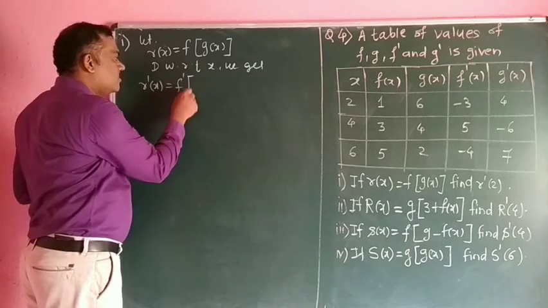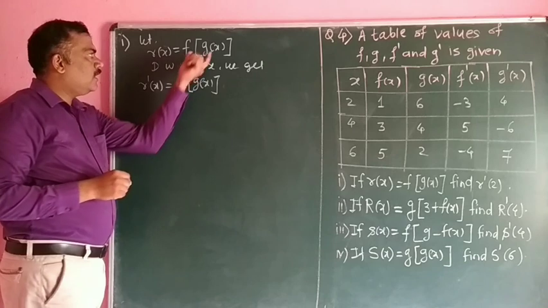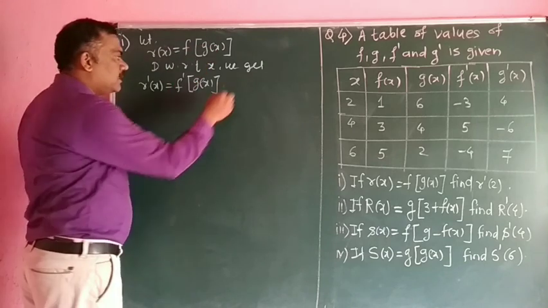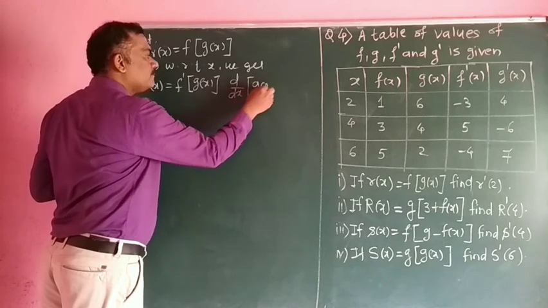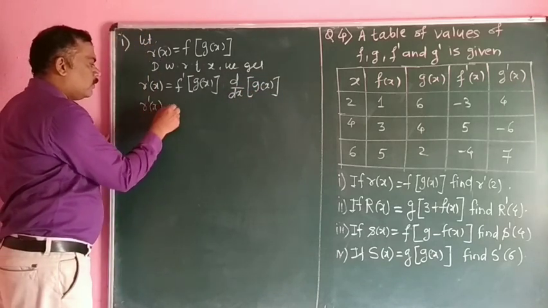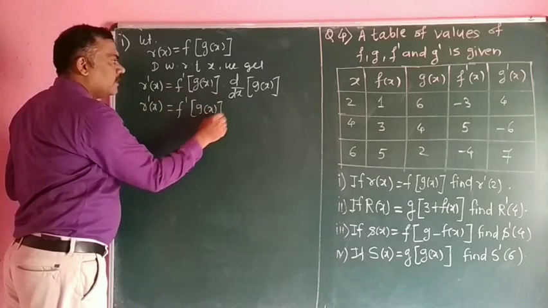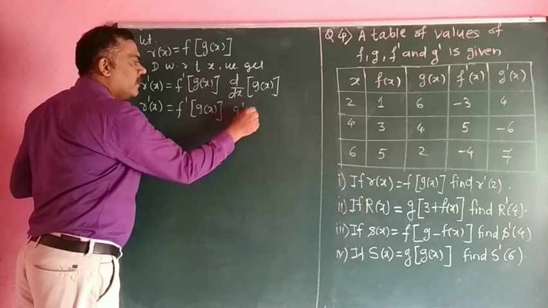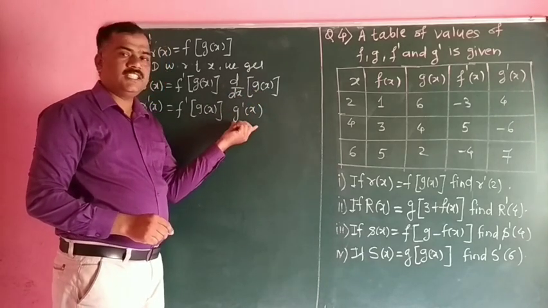We get f dash of g of x into the derivative of g of x, that is d by dx of g of x. So r dash of x is equal to f dash of g of x into g dash of x, since the derivative of g of x with respect to x is g dash of x.